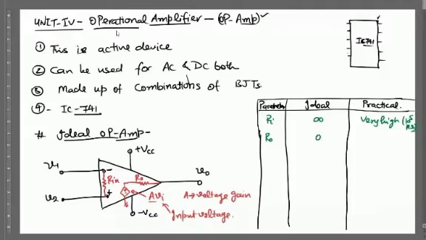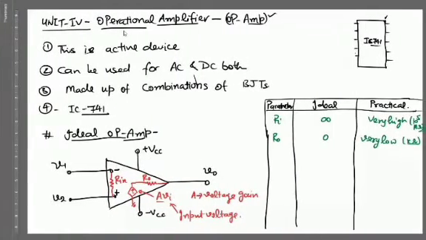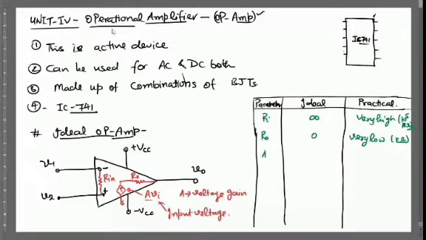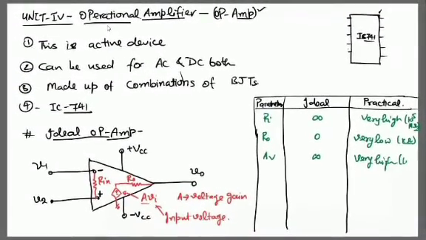R naught is very low, a few kilo ohms or a few ohms. Next is voltage gain. This is infinity, and for the practical one it is very high, of the order of 10 to the power 5.